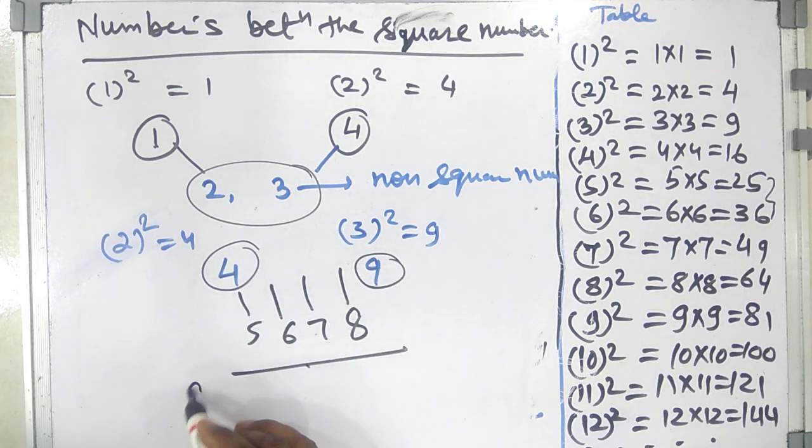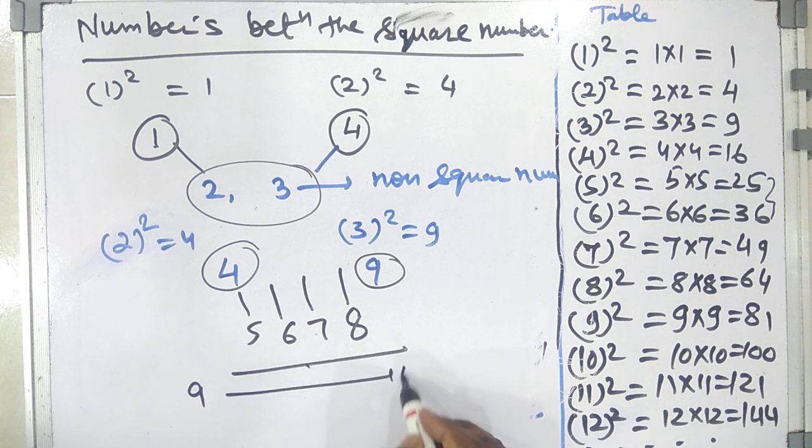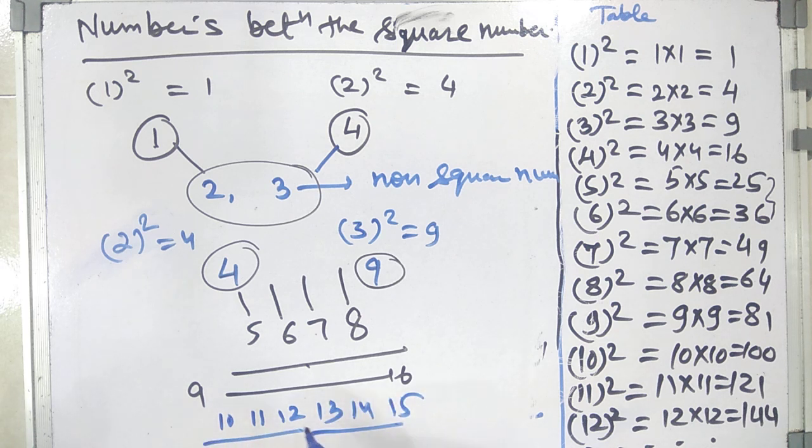In the same way, between 9 and 16, there are 6 non-square numbers, students: 10, 11, 12, 13, 14, 15. 3 and 3, 6 non-square numbers.